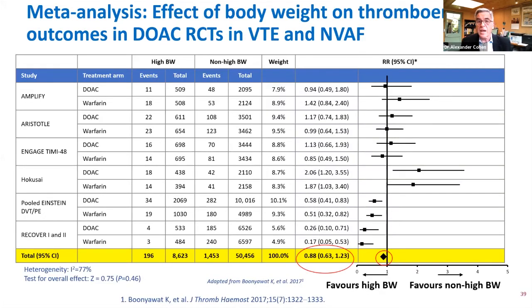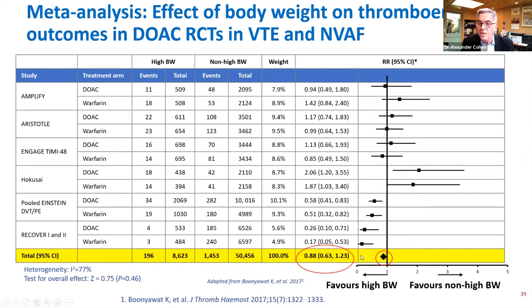In fact, what came later was this work by Bunyawat and colleagues, and it really showed that when you pool all the VTE and the AF data together, you get no difference in outcomes for high body weight and non-high body weight patients. In fact, within the trials, we can see no heterogeneity within any of the trials.